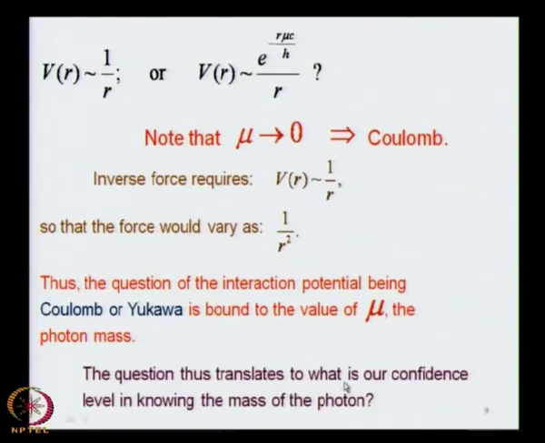So, our question translates to what is our confidence level in claiming that the mass of the photon is 0. The same question can be reformulated not in terms of the Coulomb potential, but in terms of the mass of the photon, and these two questions are completely equivalent in this context.